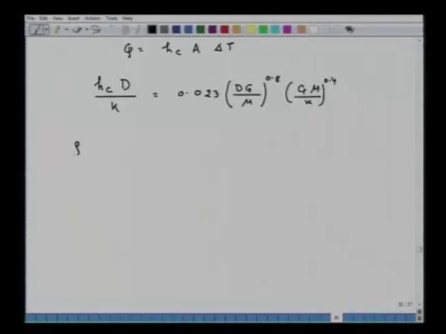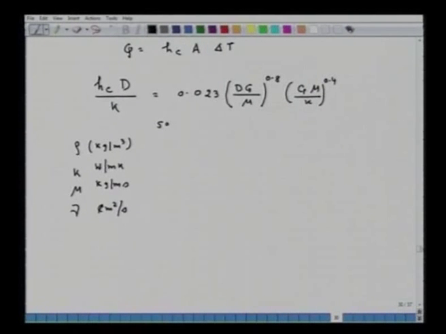I am giving you, say, density, thermal conductivity, viscosity and kinematic viscosity. So, density is in kilogram per meter cube, K in watt per meter Kelvin, mu in kilogram per meter second, and kinematic viscosity in meter square per second.